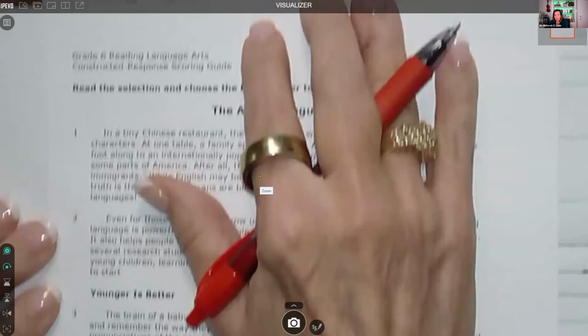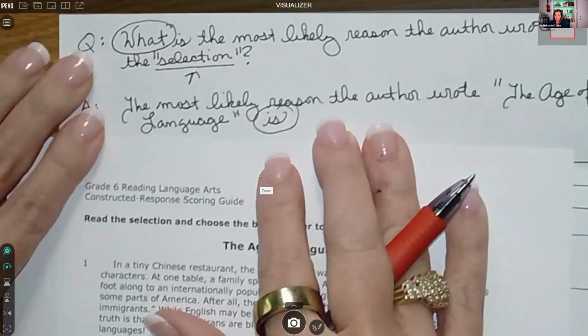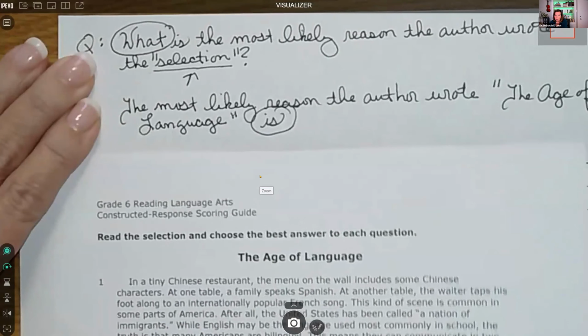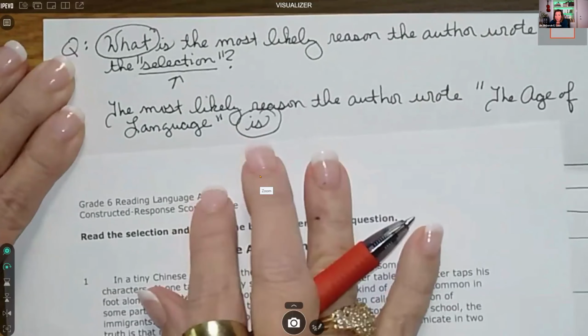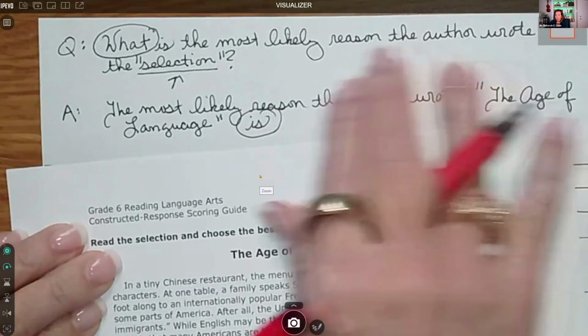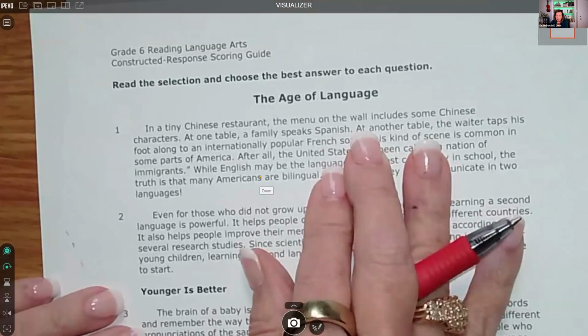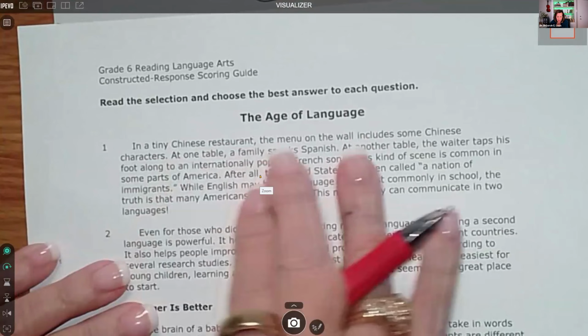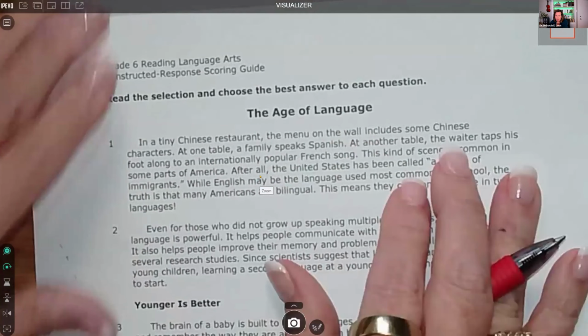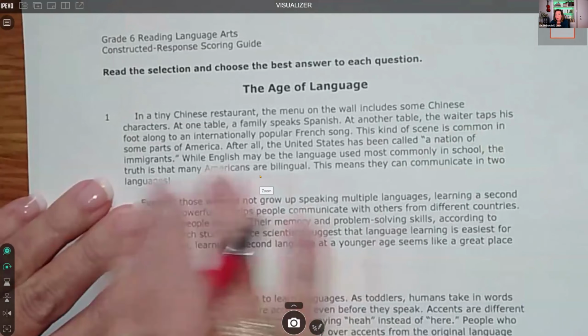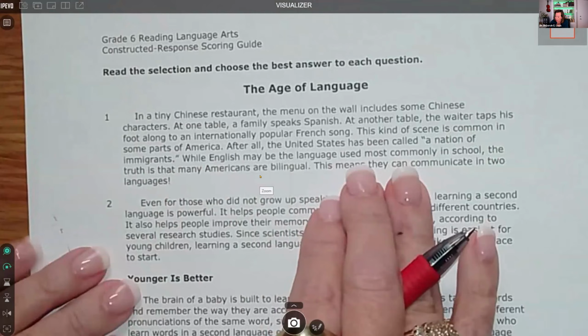Now, I always tell my students, you should have the question always right in front of you. What is the most likely reason the author wrote the selection? Remember, that's your question. And when I read this, what's important is what is the most important thing that pops out of here?